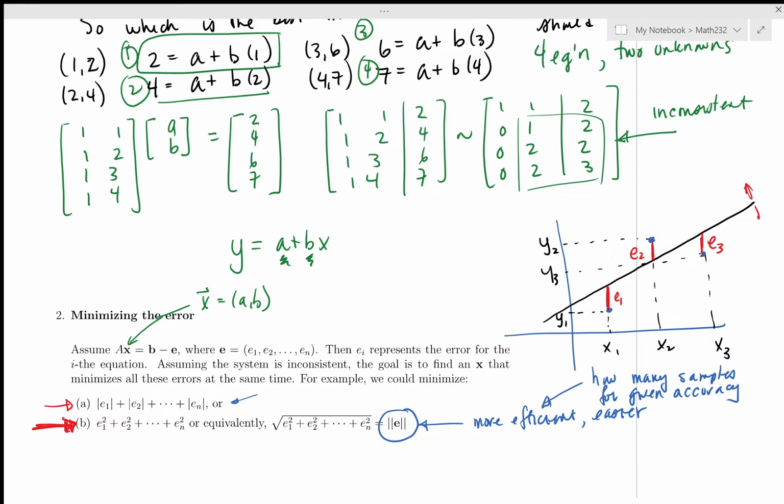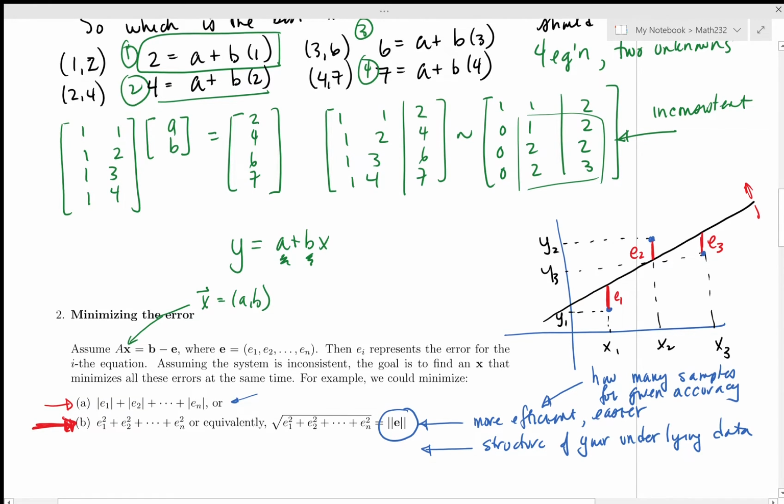There are also questions about what your underlying data looks like. So when you're making this choice, there are questions about the structure of your underlying data. There may be reasons why you choose one method or the other because you know something about the data you're trying to measure.